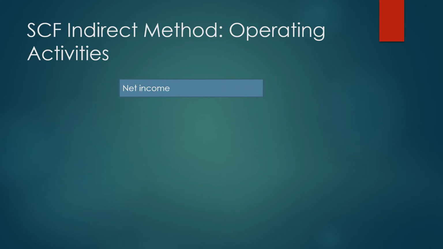Again, this is our formula under operating activities when we use the indirect method. Let's start with the net income. Don't get confused: net income can be found in the income statement, or you can also find it in the statement of comprehensive income.